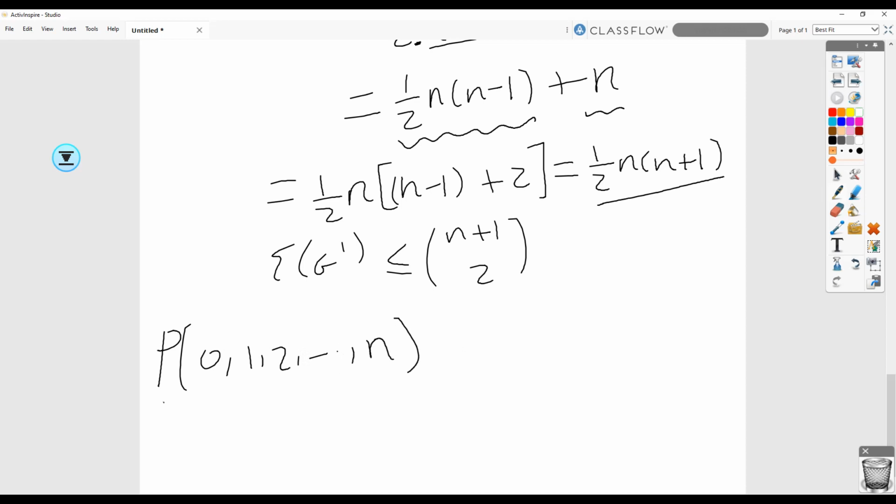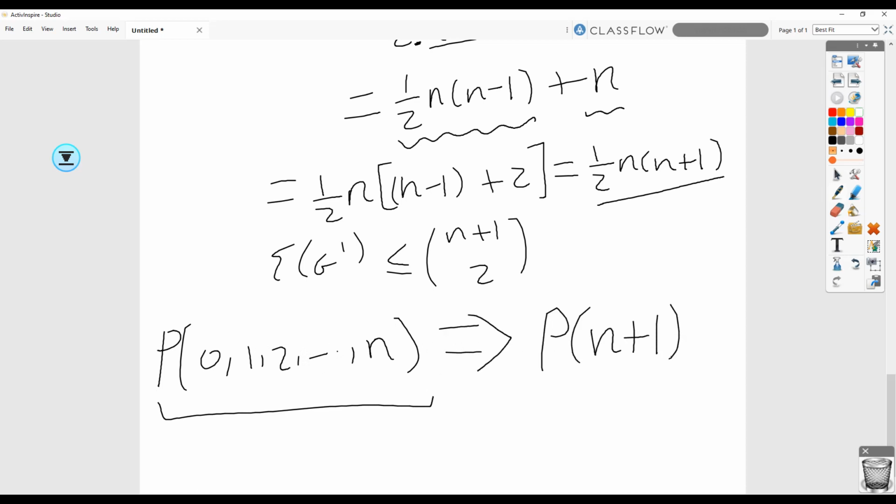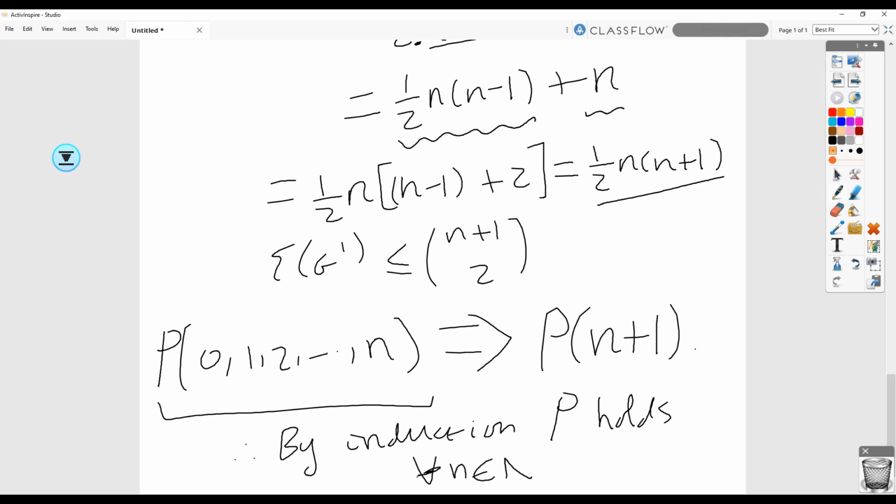We have shown that if this holds, then P of n plus 1 holds. Therefore, by induction, the proposition P holds for all n. That's a really dodgy for all symbol, but for all n in the natural numbers, and 0 as well. So basically that proves it for every case.